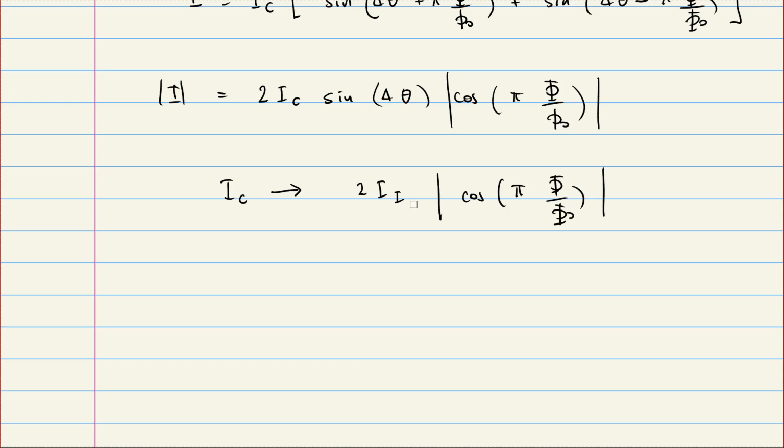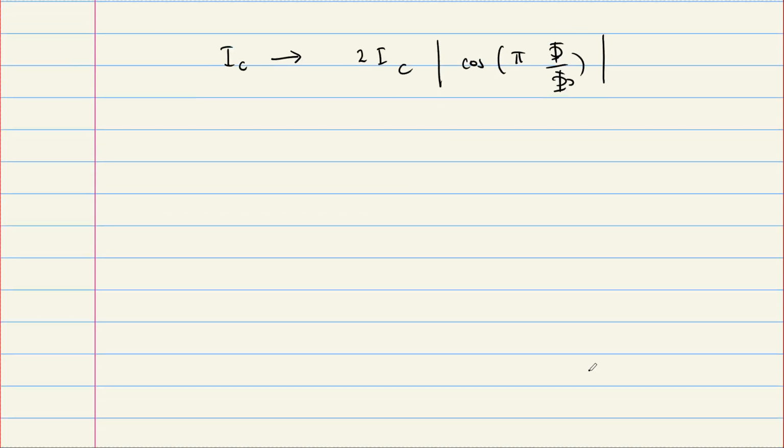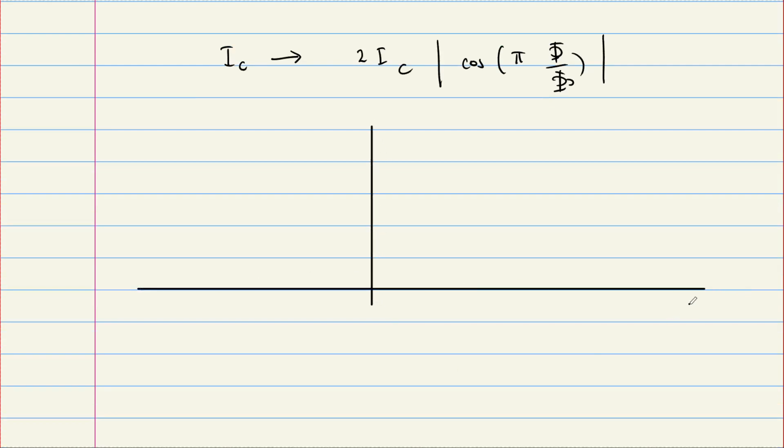So this is I critical. Now I want to plot this. So this is something like that. This one is phi, and this one is my absolute value of I critical, which depends on flux.